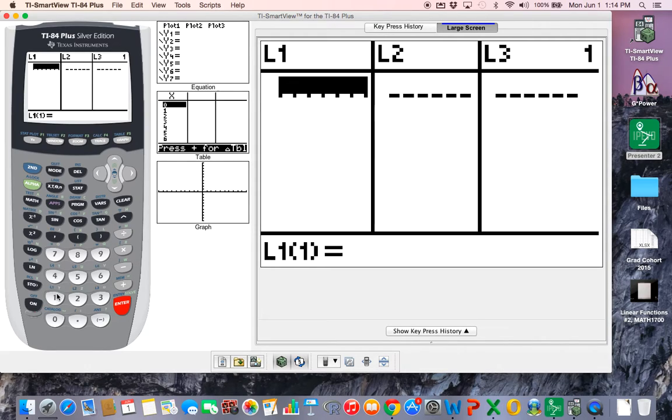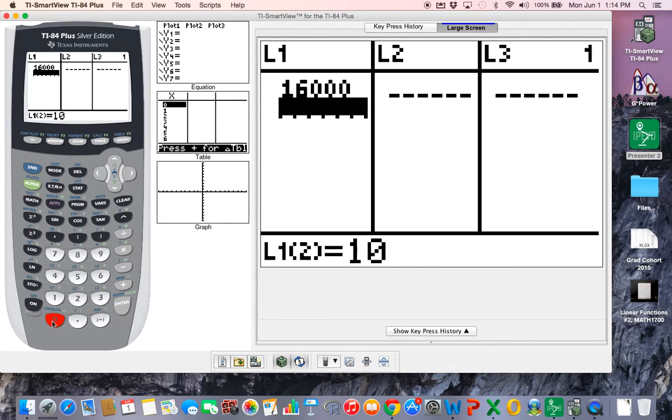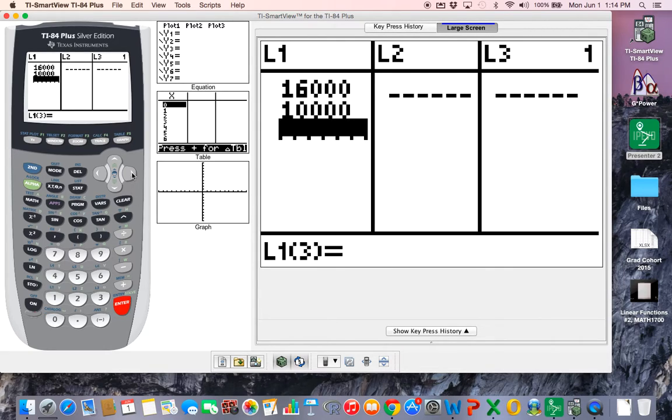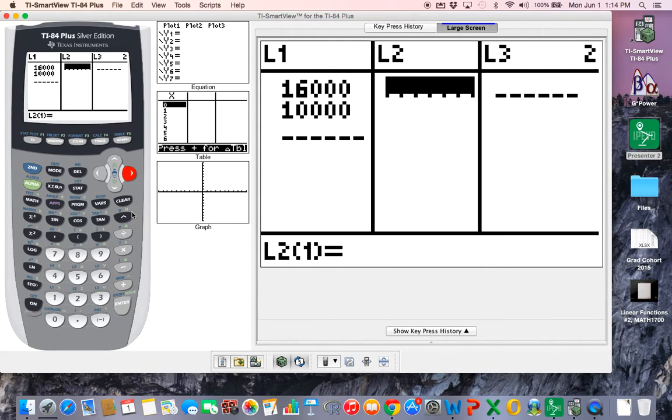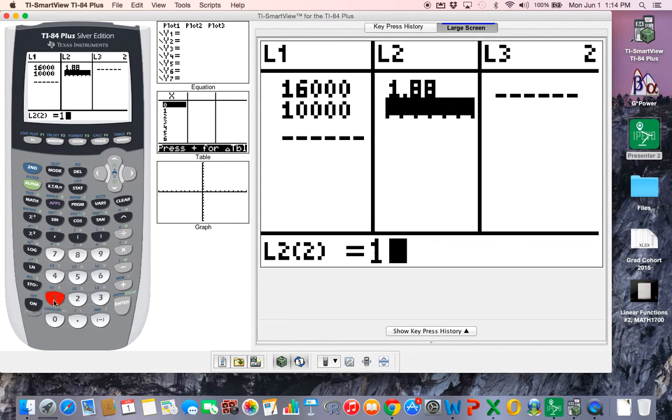So I'm going to have 16,000, and the other was 10,000. I'm not worried about the demand function just yet, just this right here. For 16,000, we know that the price was $1.88, and for 10,000, the price was $1.46.